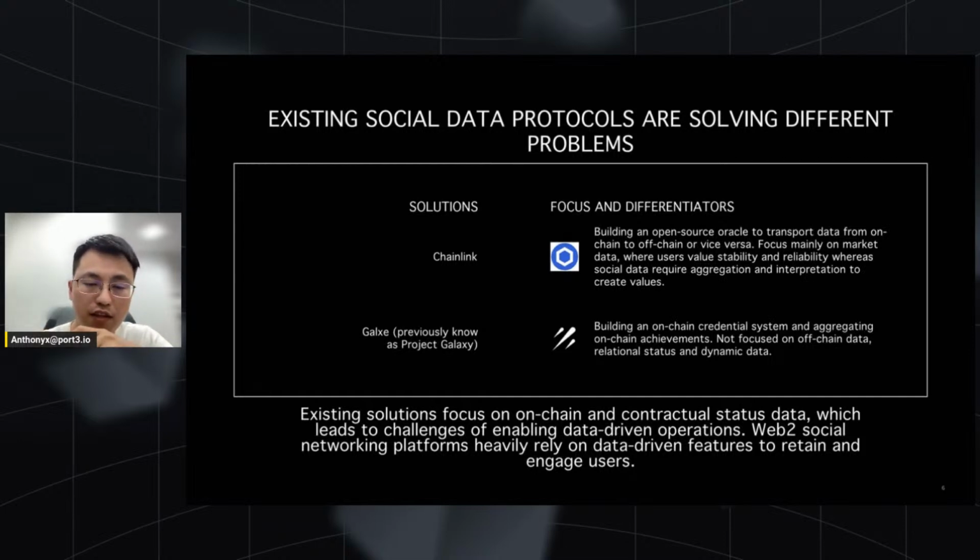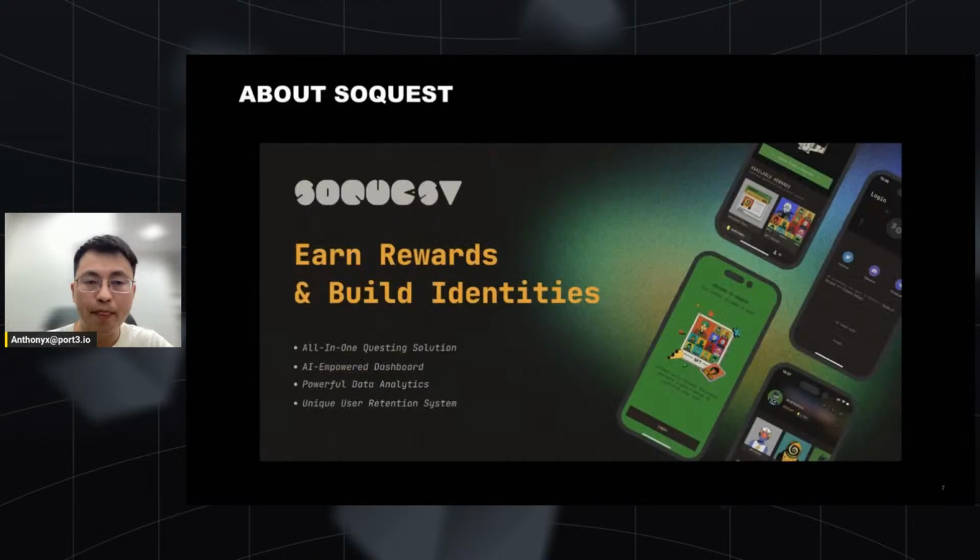The existing solutions focus on on-chain and critical status data, which leads to challenges in enabling data-driven operations. Web3 and Web2 social network platforms heavily rely on data-driven features to retain and engage users. So we want to build a new social data layer for Web3 applications.